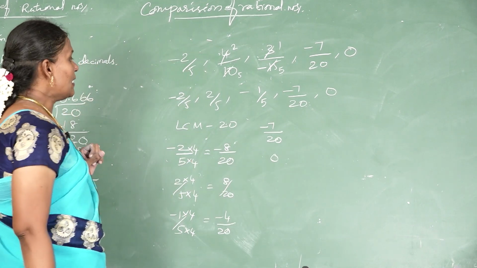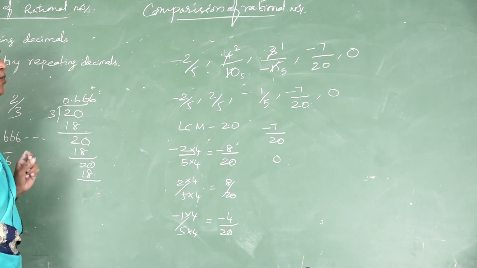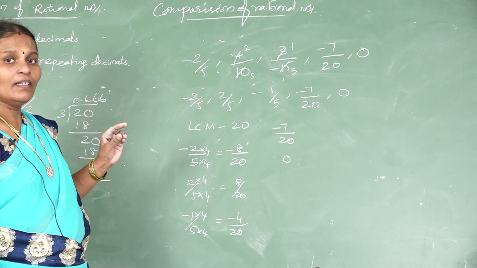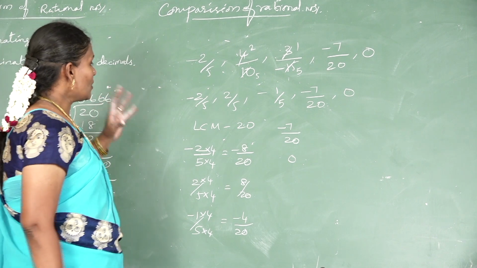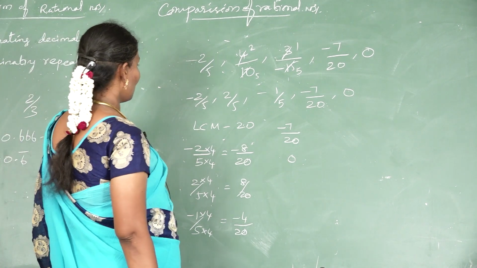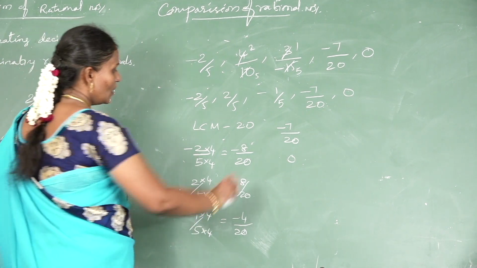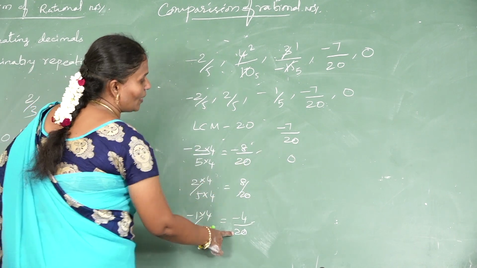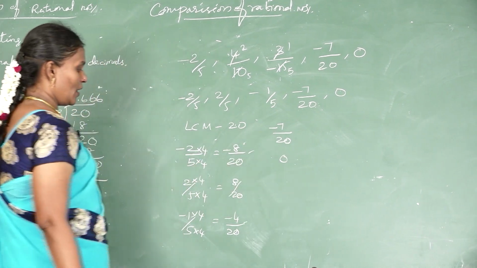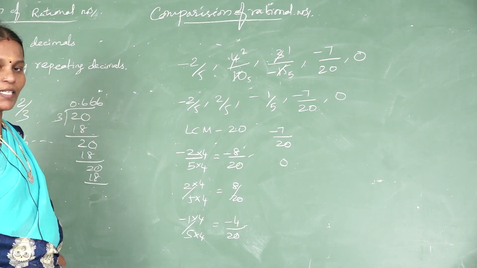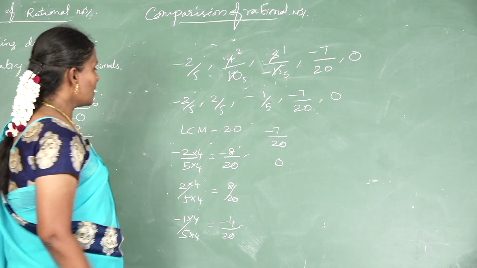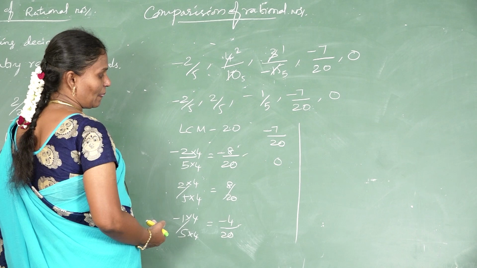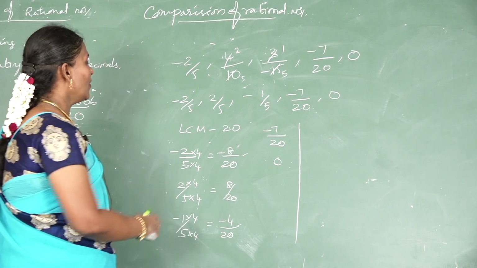Now you write in ascending order. You know the negative numbers are smaller than 0. So first you take the negative numbers. Now which are the negative ones? See, minus 8 by 20, minus 4 by 20 and minus 7 by 20 are negative rational numbers. First you compare these. Which is the smallest among these 3? Very good.